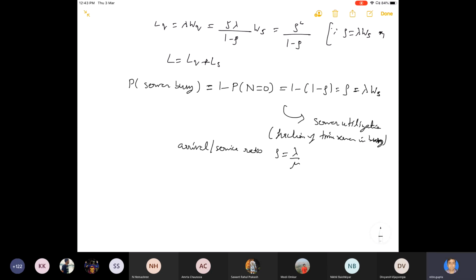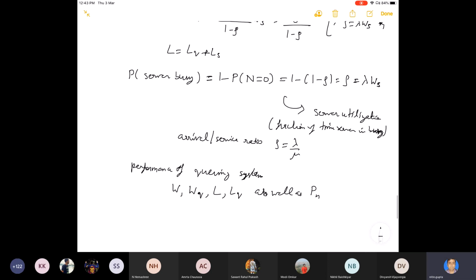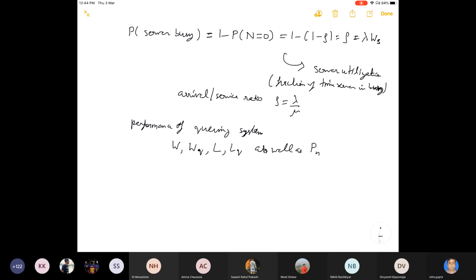And the performance of the queuing system is determined by W, WQ, L, LQ, LS, WS, as well as PN. Okay, so any question till now?